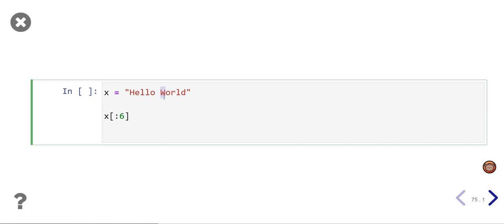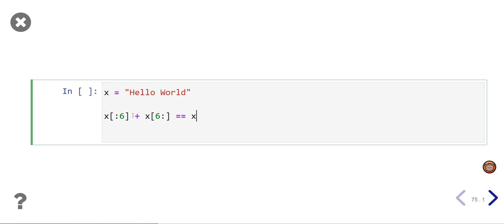So it gives us until hello space, right, because 6 is W. And if you add x[6:], with an empty index, which means until the last, this is actually equal to x.